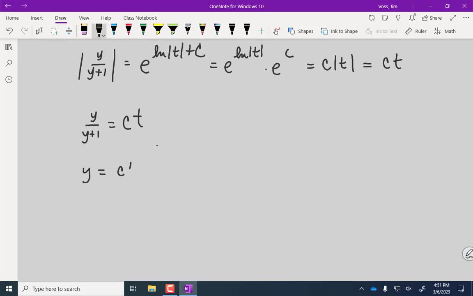Why? It's so loud. All right, does everybody agree with this? If we multiply both sides by y plus 1, we've got that. We're just back to algebra 1 right now. We just collect like terms, factor, divide.